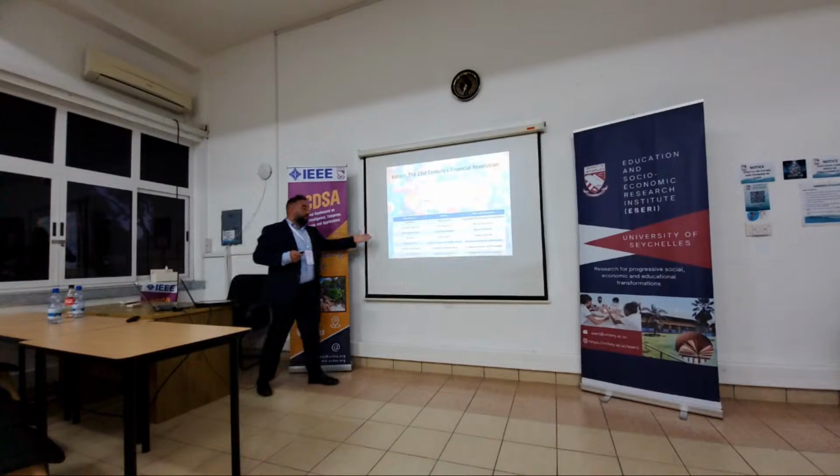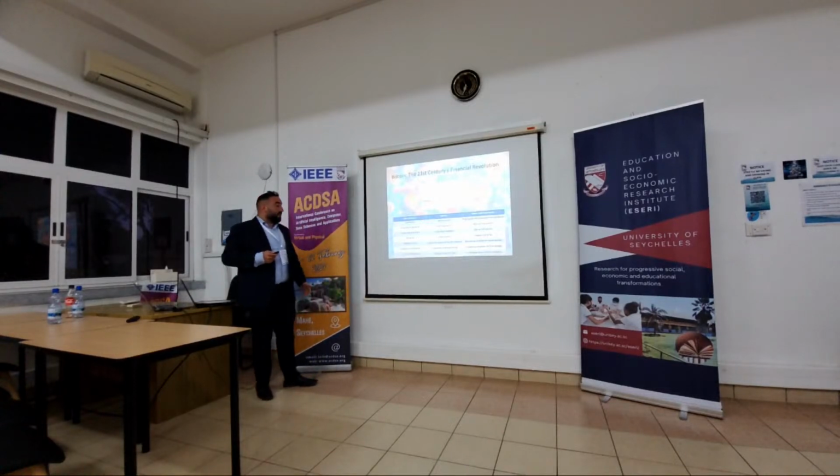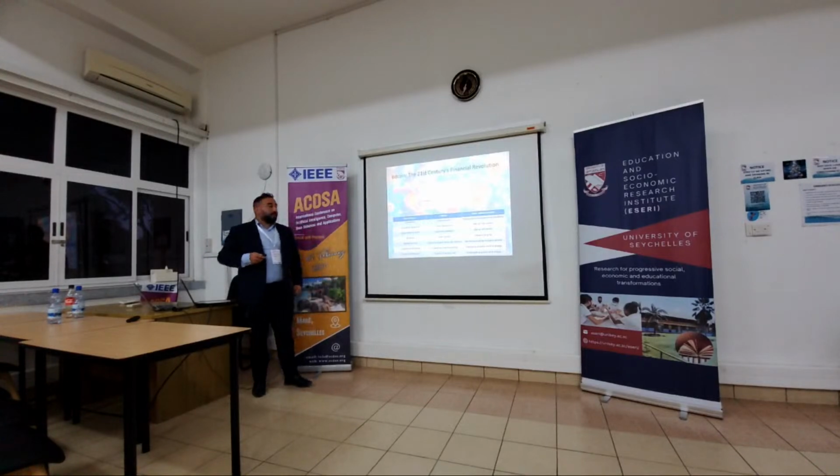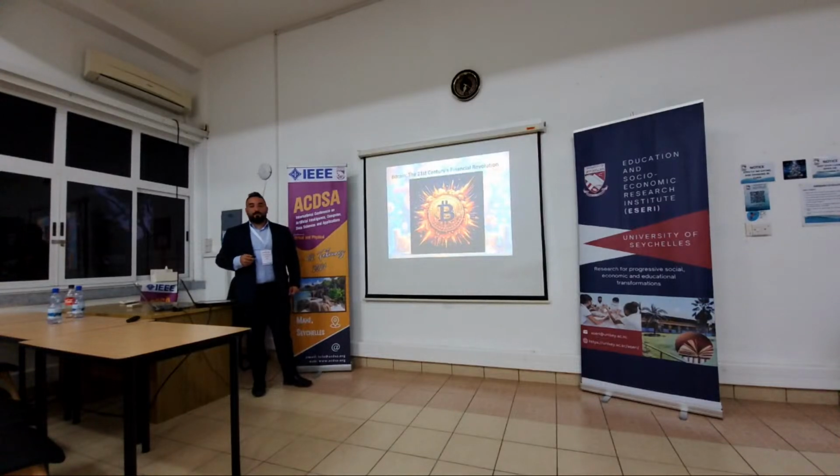Fiat currency is created out of thin air, Bitcoin is created by energy, and fiat currency is a financial slavery tool, but Bitcoin is a financial freedom tool. And other cryptocurrencies are vulnerable to government attacks. So as we stand now at the dawn of this financial revolution, we are left to think that maybe Bitcoin is the gunpowder of this era.